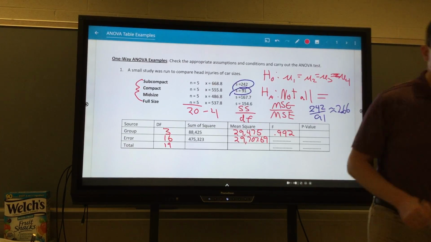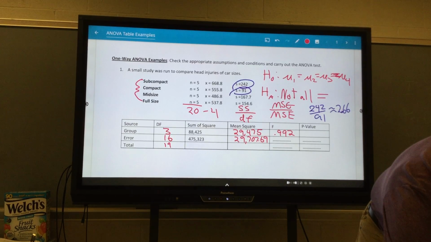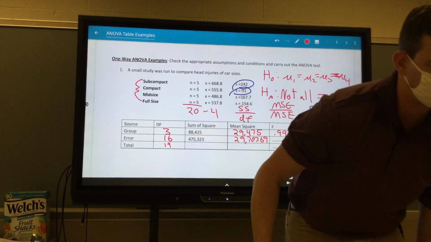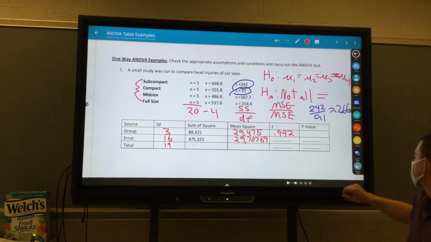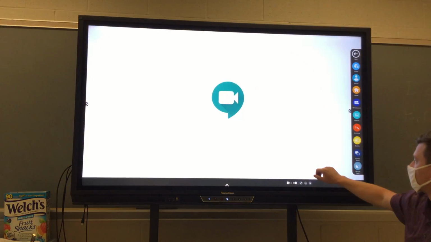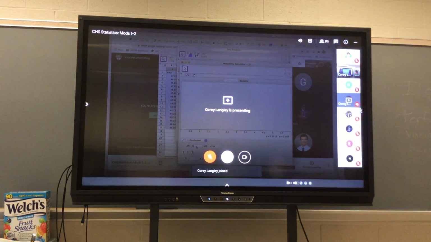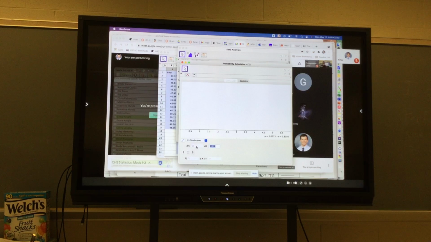If we were to do this with the calculator, well, here, let me show you this with GeoGebra real fast because we'll get a good picture of the distribution. Degrees of freedom in this case, we had 3 degrees of freedom, and for our second one we had 16.